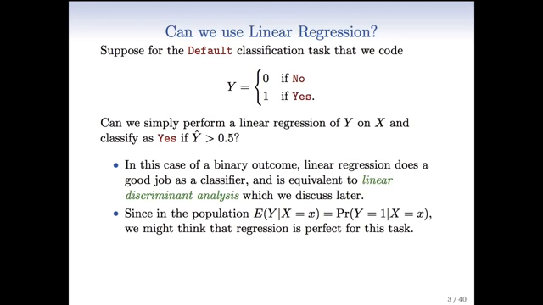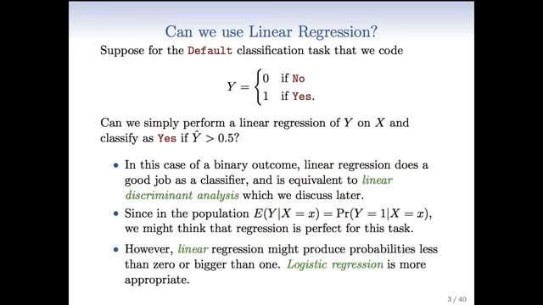In the population, we think of regression as estimating the conditional mean of y given x. Well, in our coding here of 0 and 1, the conditional mean of the 0-1 variable given x is simply the probability that y is 1 given x, just by simple probability theory. So for that reason, you might think that regression is perfect for this task.